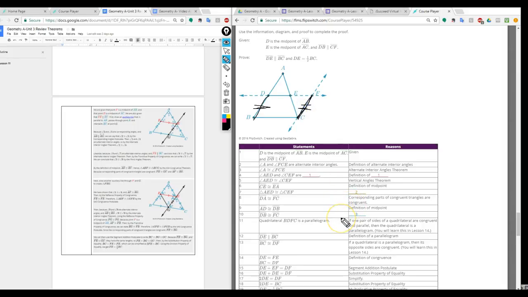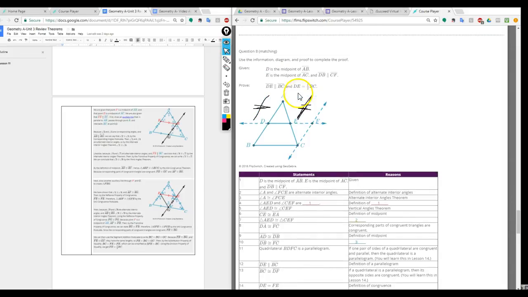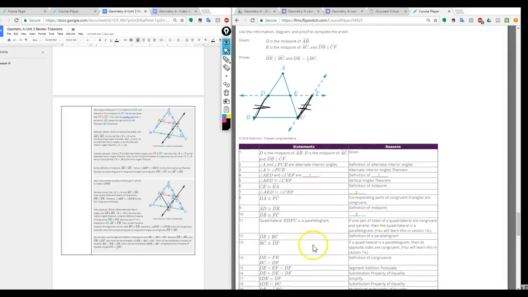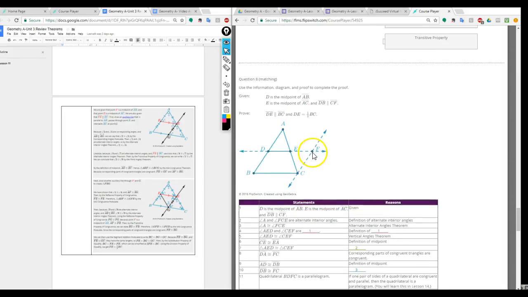And we need to know why. We need this because we need to be able to prove that the opposite sides of a parallelogram are congruent. There is our question 8.